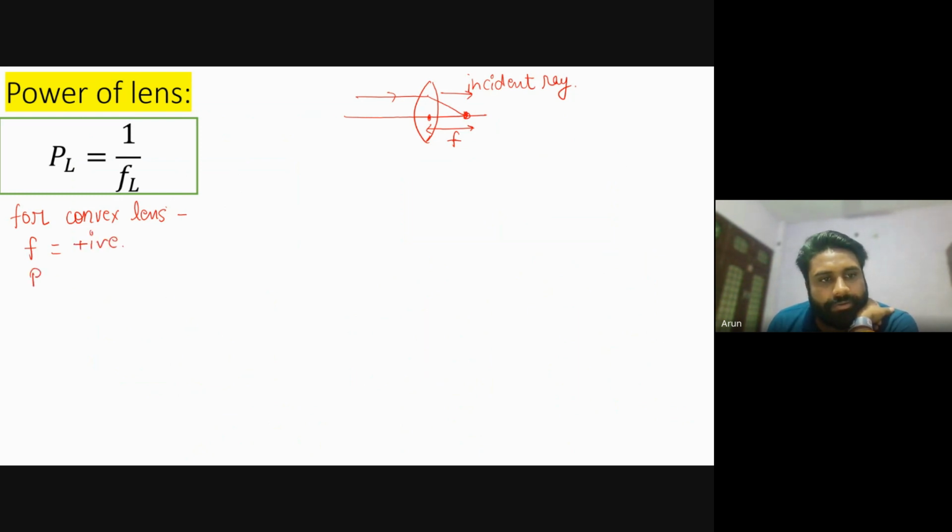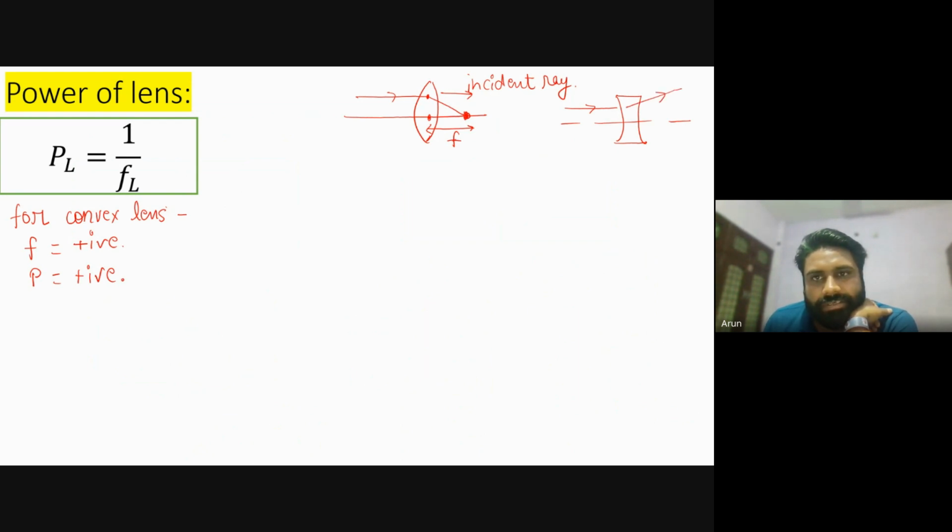So the power will also be positive. Okay. After first refraction, where it focuses the ray, this is the first principal focus of that. Similarly, for a concave lens, if the ray is going in this direction, it diverges it.